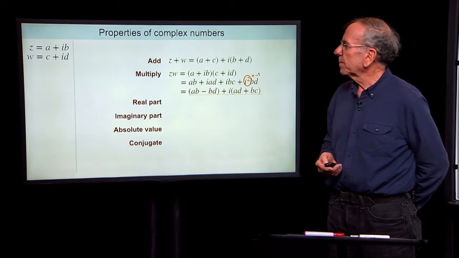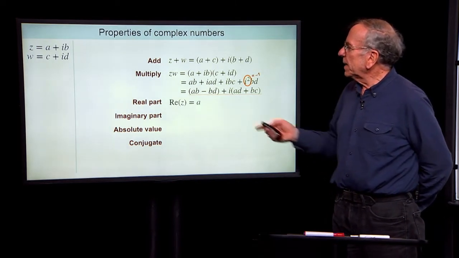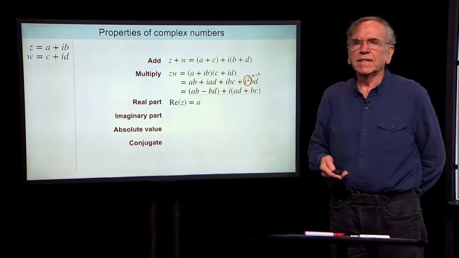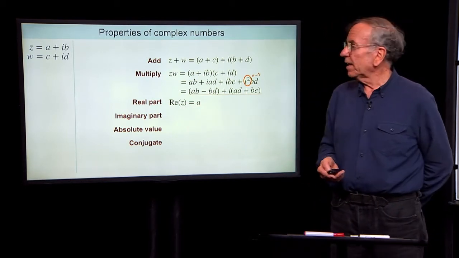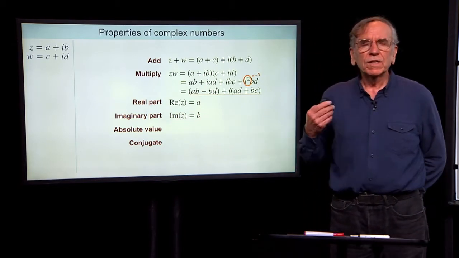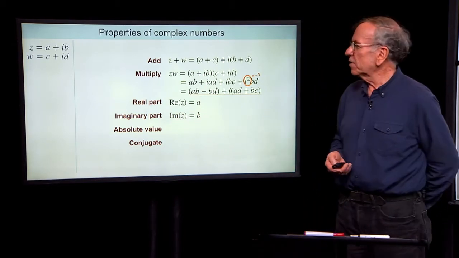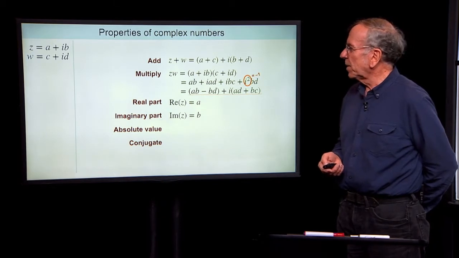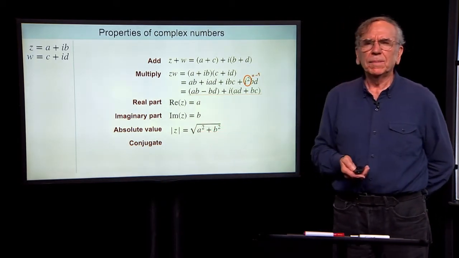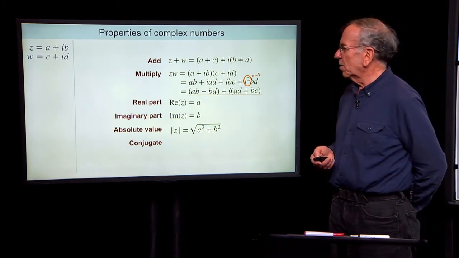The real part of a complex number we write this way. This function real just returns that real value, and the imaginary part of a complex number returns a real value, which is the coefficient in the imaginary part. The absolute value is given as the square root of the sum of the squares of the two coefficients.